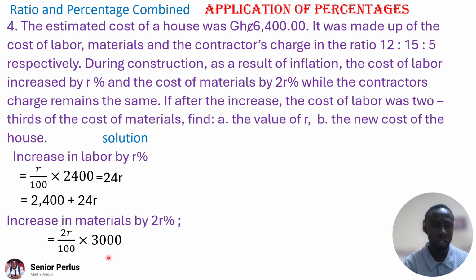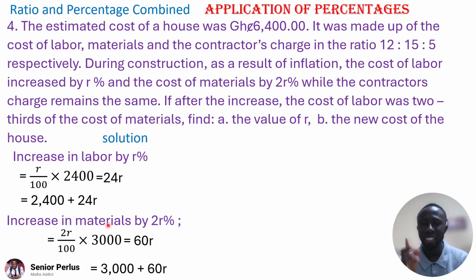We have 3,000 Ghana cedi. Then that one too, we had 60R. It's an increase, so we have to find the total increase, then we add it to this. We talked about increase and decrease in our previous videos.